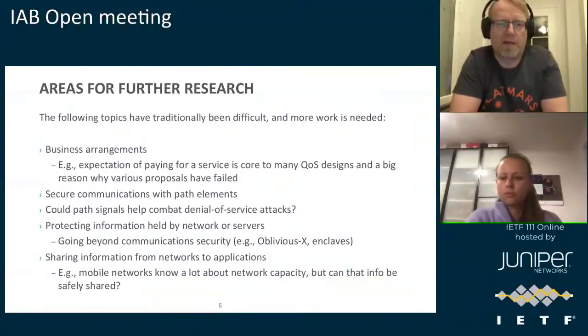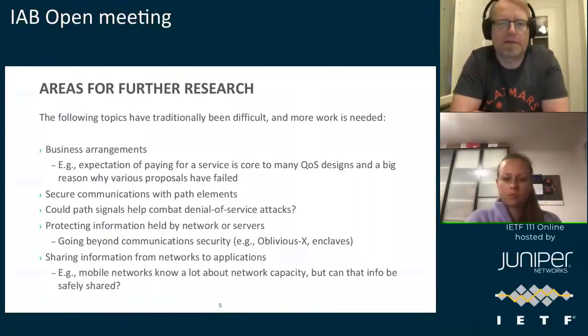Secure communications with path elements. We talked about this a little bit on the previous slide, but that is of course in the general case very hard. You might have multiple parties and so on. So there are some challenges in this, of course.